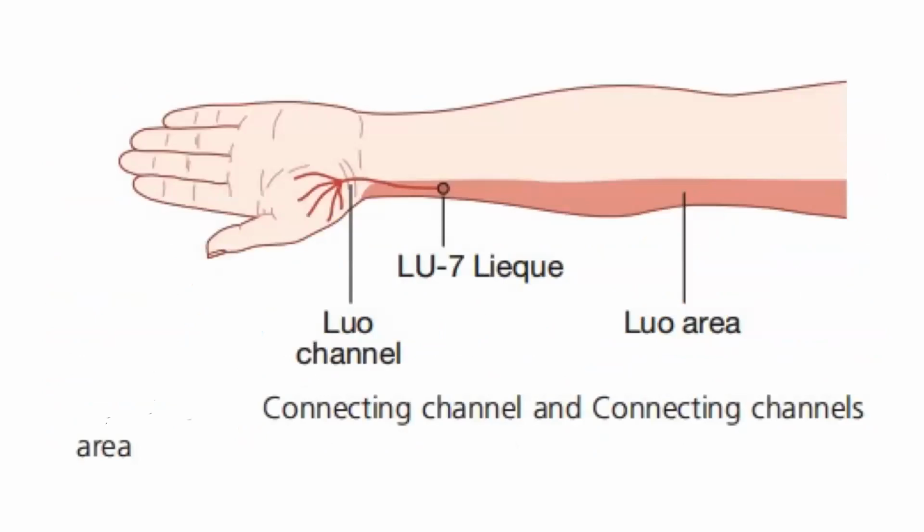Here we have a diagram of the connecting channel and the connecting channels area, showing Lung 7 and where the LU channel is and the LU area is.